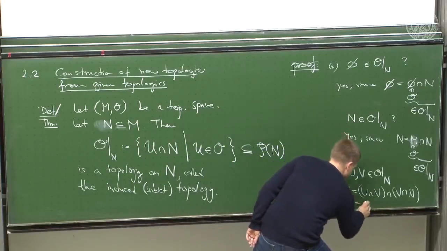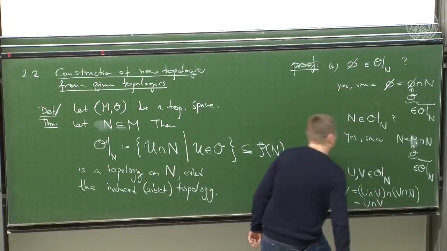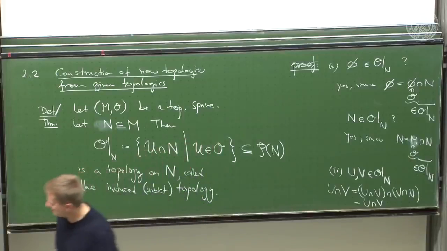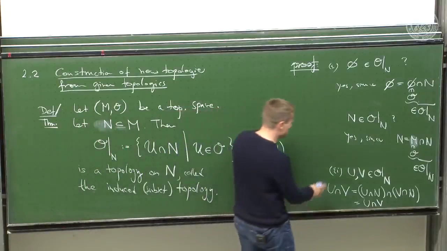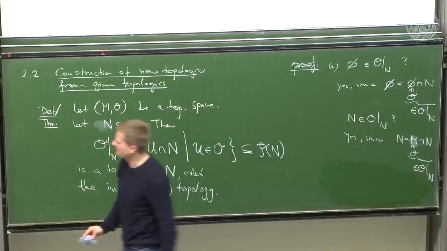Then you use the associativity and so on, so it's U intersected V. Oh, I'm sorry. This was too quick. Obviously, I run into trouble right now. I wanted to squeeze it into this space, but you can't make a proof shorter only because the blackboard finishes.